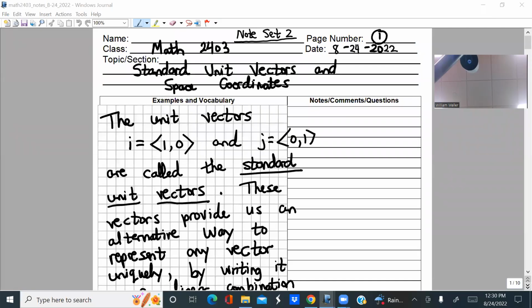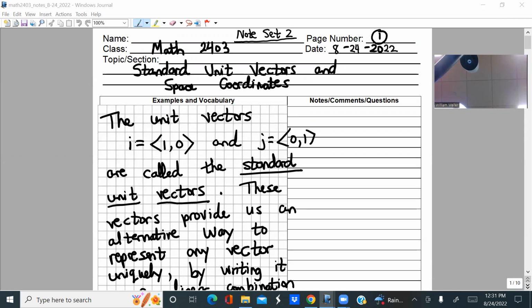Okay, now we're going to continue to express vectors in component form, but I'm going to slightly change the representation in the following way. These two vectors are going to play a special role for us in expressing vectors.